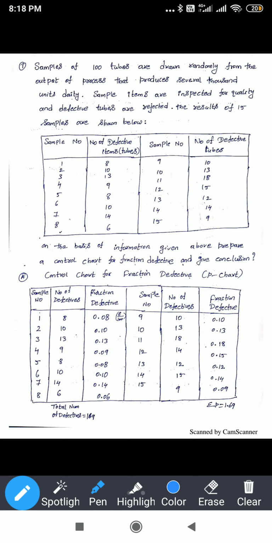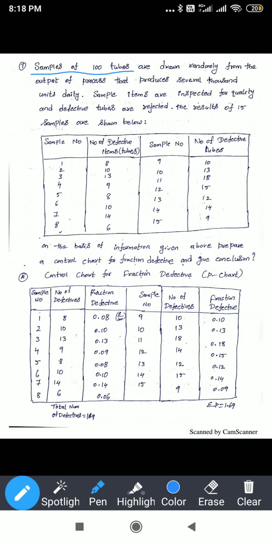See the first question in the P chart. Samples of 100 tubes are drawn randomly from the output of a process that produces several thousand units daily. Sample items are inspected for quality and defective tubes are rejected.